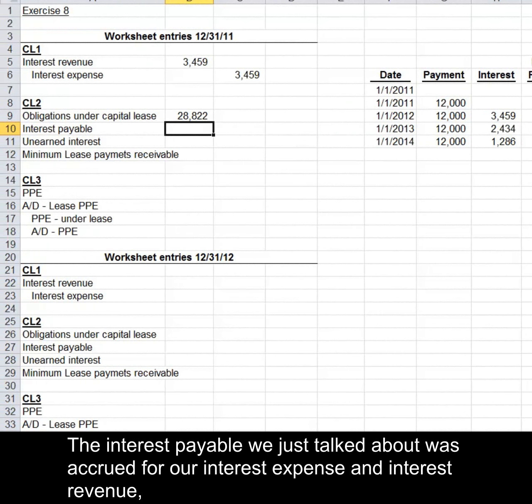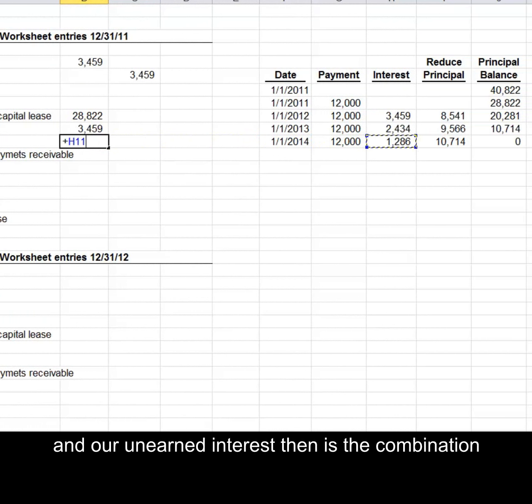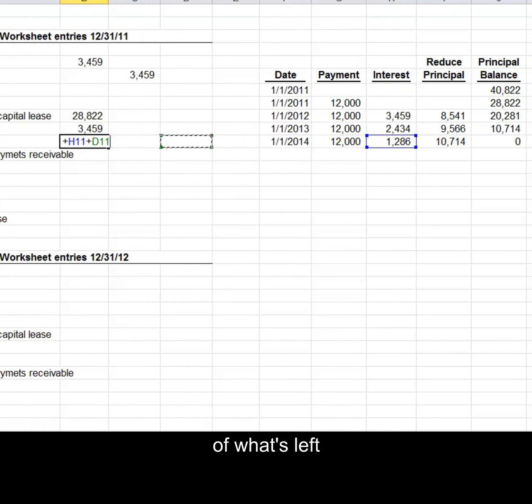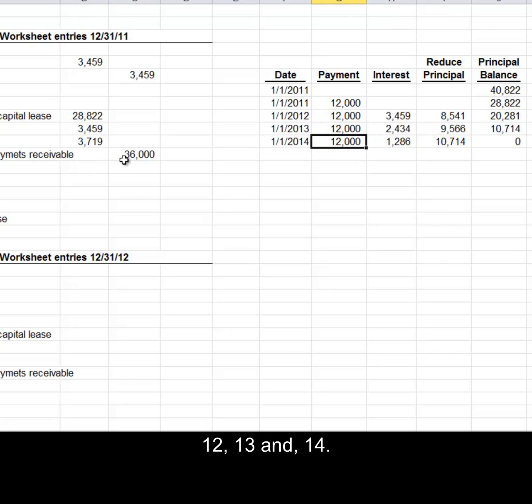The interest payable we just talked about was accrued for our interest expense and interest revenue. And our unearned interest then is the combination of what's left for the remaining 2 payments. And the balance of all of those is the remaining 3 payments, 12, 13, and 14.